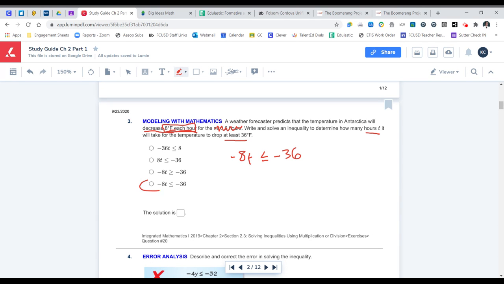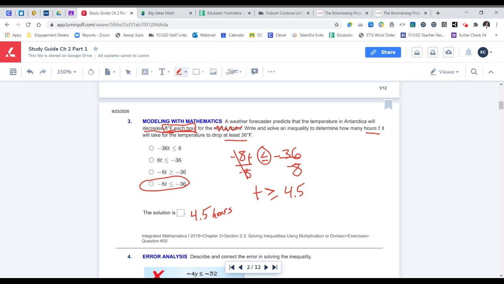That matches with our last option here, and so I would divide by a negative 8 to solve. And since I'm dividing by a negative, I'm going to switch my symbol around. I get a positive 4.5 here. So the solution is 4.5 hours.